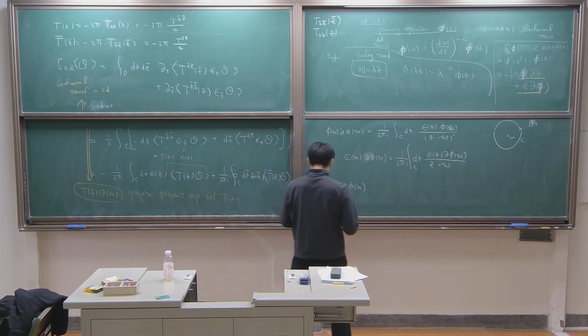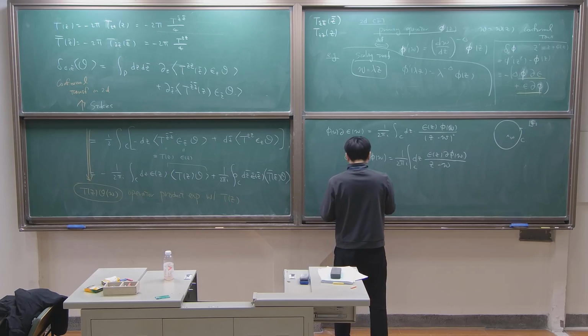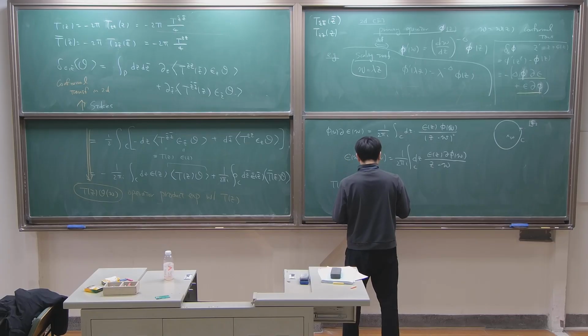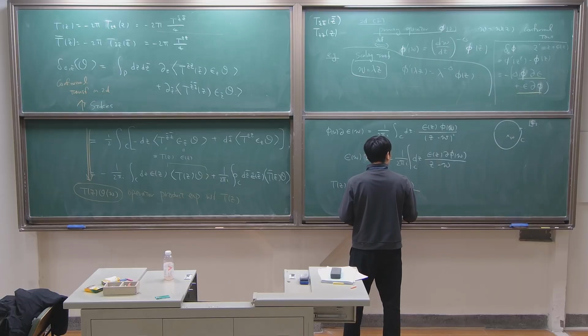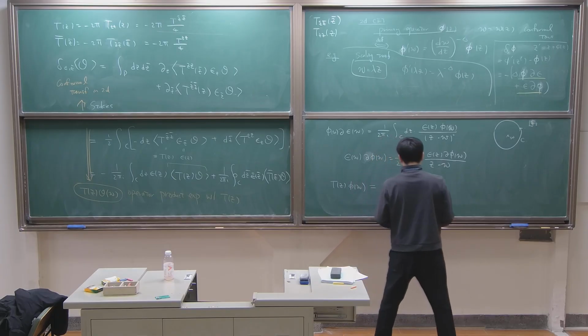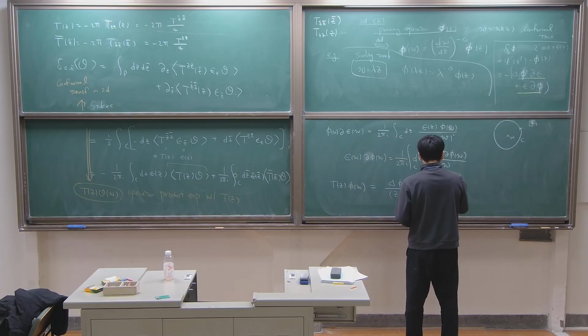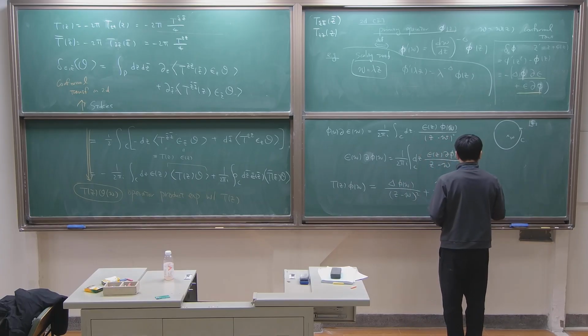should behave like, what was that? Delta phi of w over (z minus w) squared, plus partial phi of w over (z minus w), plus regular terms in w.